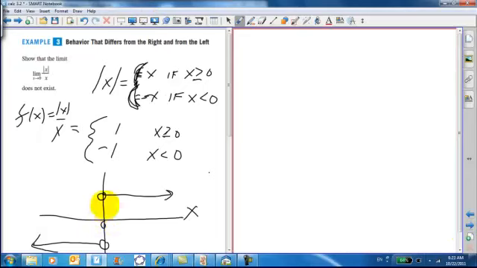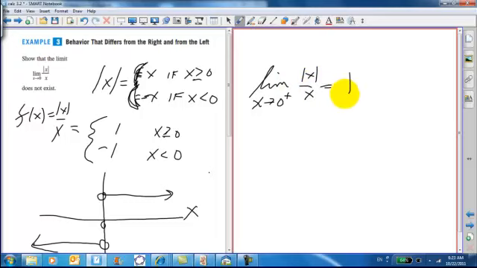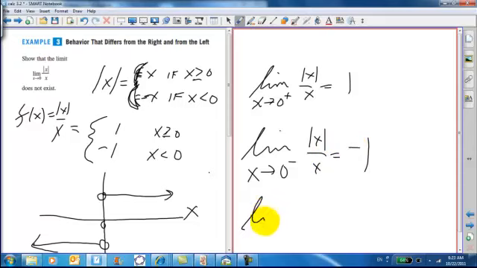To agree as we get closer and closer to 0, the limit as x approaches 0 from the right, that's what the little positive means, of the absolute value of x over x is equal to 1. The limit as x approaches 0 from the left of the absolute value of x over x equals negative 1. So therefore, the limit as x approaches 0 of the absolute value of x over x does not exist.